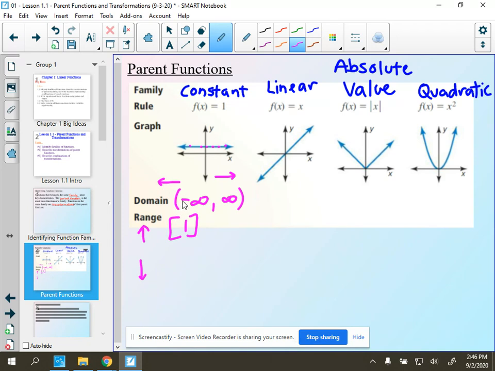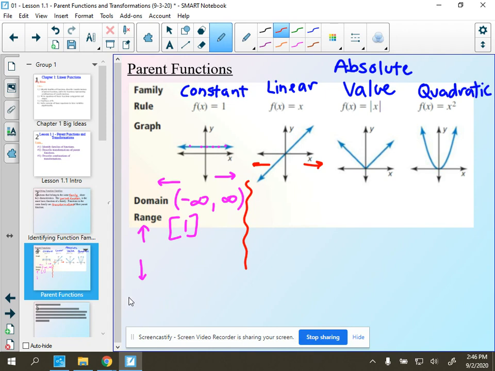Okay. Let's go to the second one here as far as domain and range goes. So domain, same idea. Domain is left and right. How far left does this graph go? All we're thinking is left. So it is going to the left forever and ever. If I were to extend this line, this would continue to go down and left, left, left.